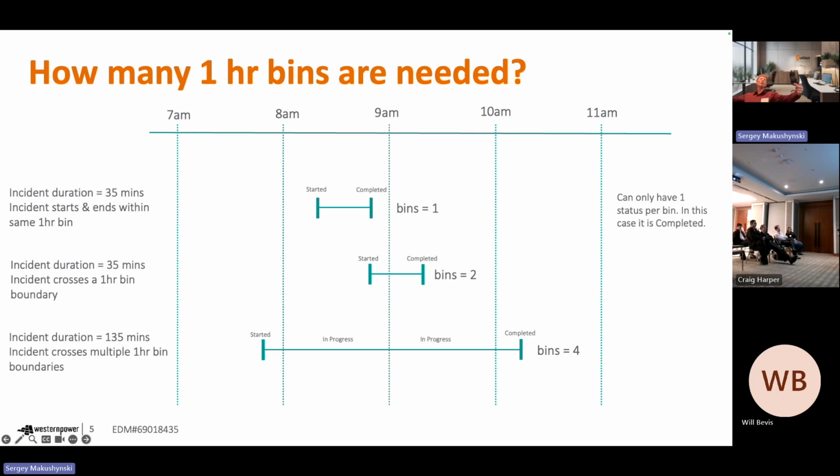Obviously, as you expand out the time of an incident, in this instance, it started in the 7 a.m. to 8 a.m. bucket, then it was in progress for 2 hours, and finally it was completed in the 10 a.m. to 11 a.m. bucket. So that's actually going to have 4 bins.